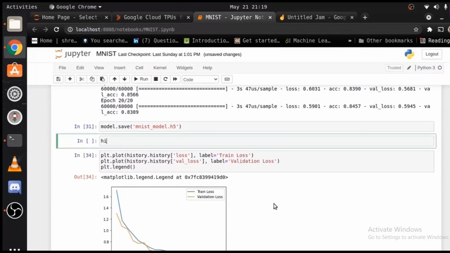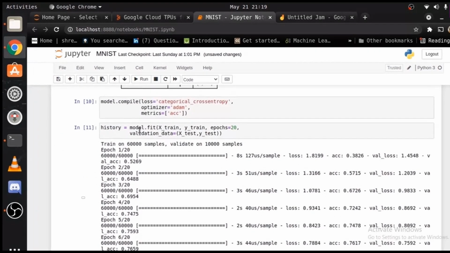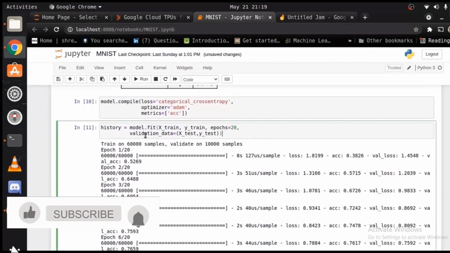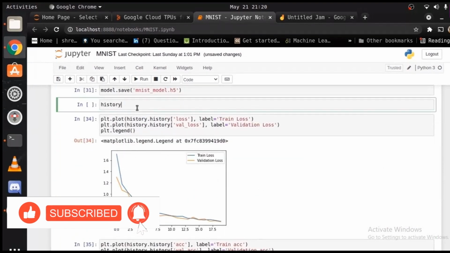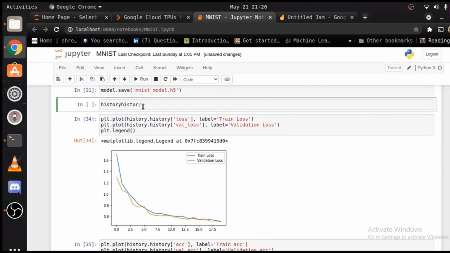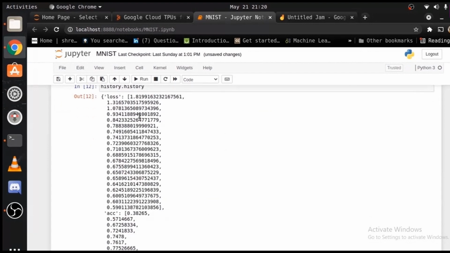Like for example, there was this history. So what is history is basically this model.fit. This is saved in a variable known as history. Now history itself has history. So we can see here, this is the history.